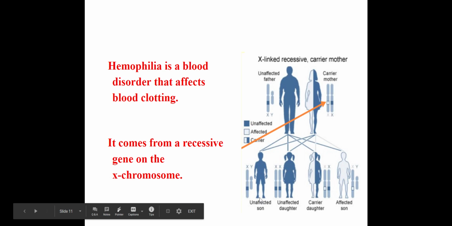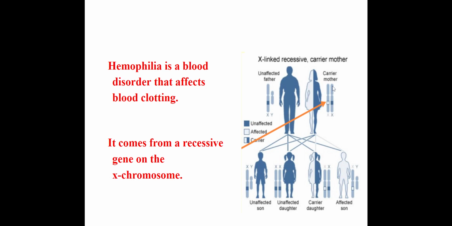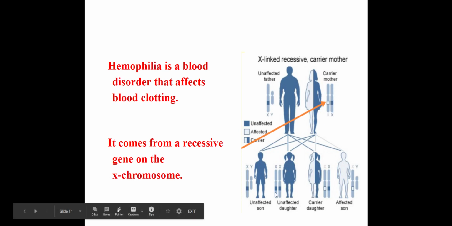is not affected. Remember, you get one chromosome from one parent, one chromosome from the other parent. This daughter inherited the only X that the dad had, and she inherited the copy of her mom's chromosome that did not have the disease. This daughter got her dad's X chromosome and her mom's chromosome that has the disorder.